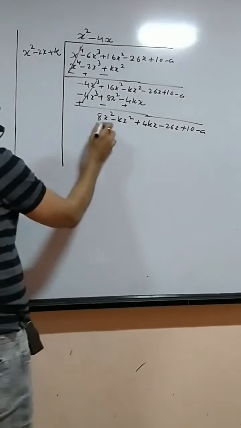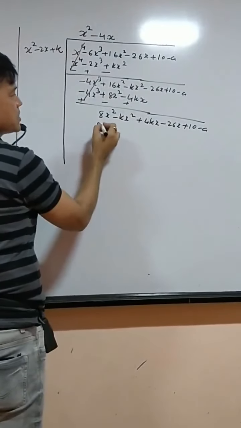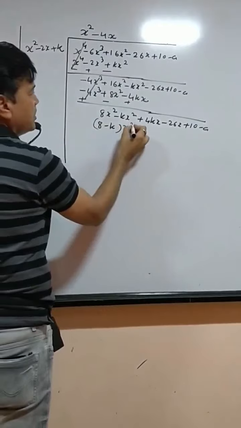Now you can take x^2 common. So 8 minus k into x^2.